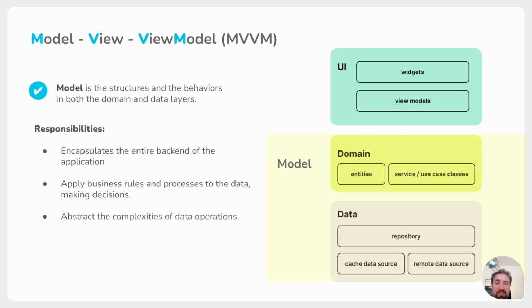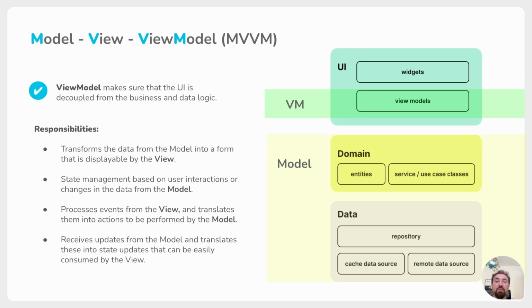The model is injected into the ViewModels. The ViewModel has to decouple the UI logic from the business and data logic. It transforms the data from the model into a format that we can easily understand and create the widget tree in the build method. ViewModel processes the events from the view and translates them to actions.